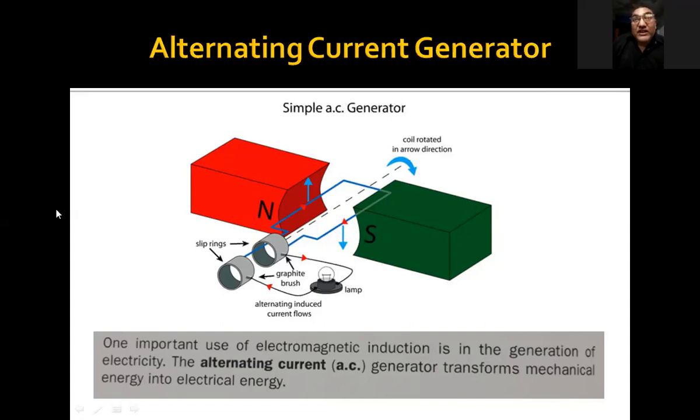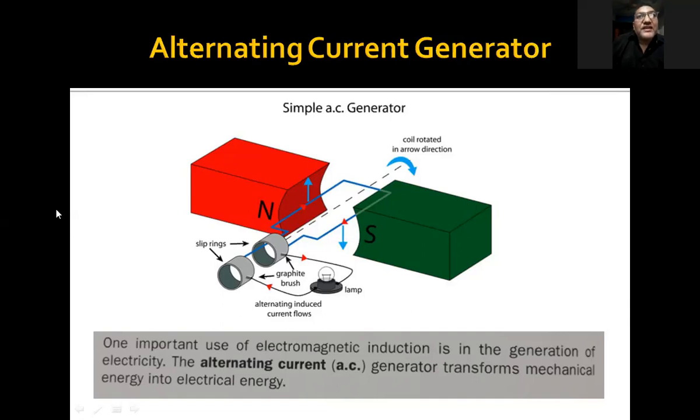The DC motor uses electric energy and produces motion. In the generator, we provide the motion and the electric energy is produced or induced.